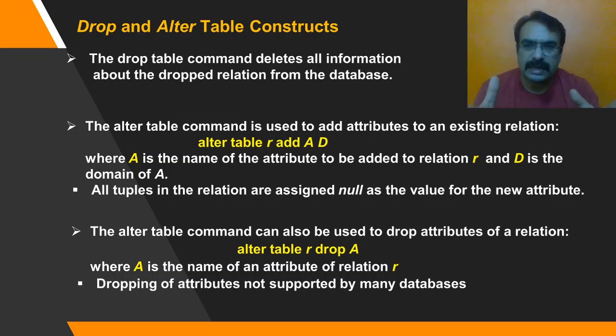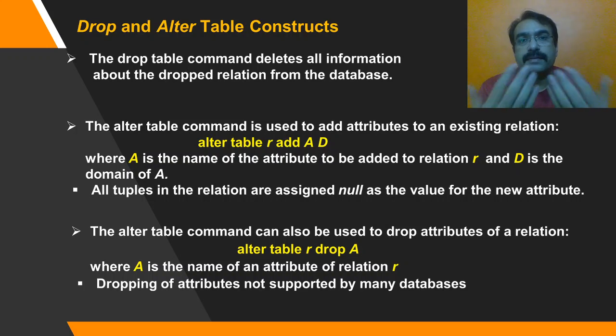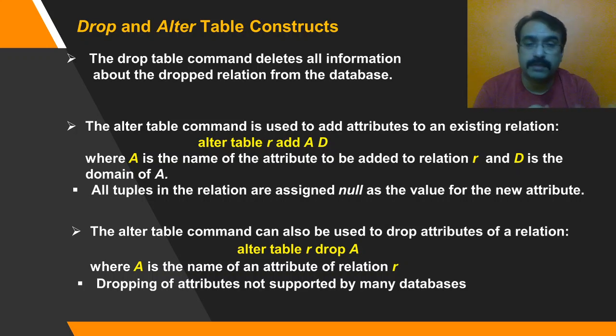Okay, so that's a very simple command. We'll better go for the next one, that is alter table command. Alter table command allows you to add few columns into a table, or will allow you to delete few columns from the table.